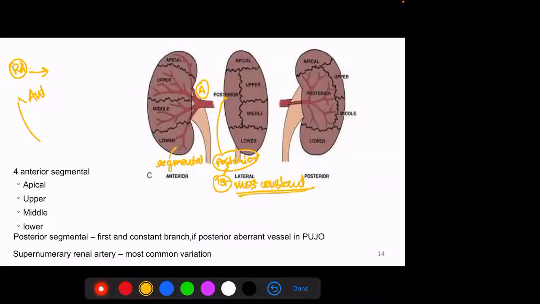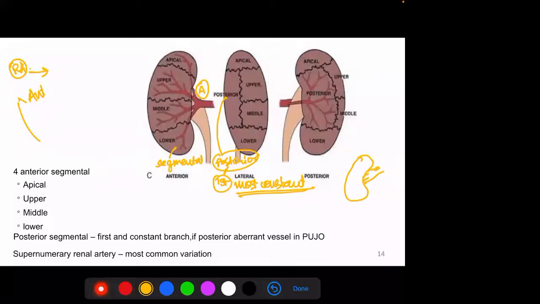And if this posterior branch is aberrant, what usually happens? Usually this is present below the pelvis. In the kidney, the arrangement of the vein, artery and pelvis is like this. First is vein, then artery, and then pelvis. And the last is the posterior segmental artery.